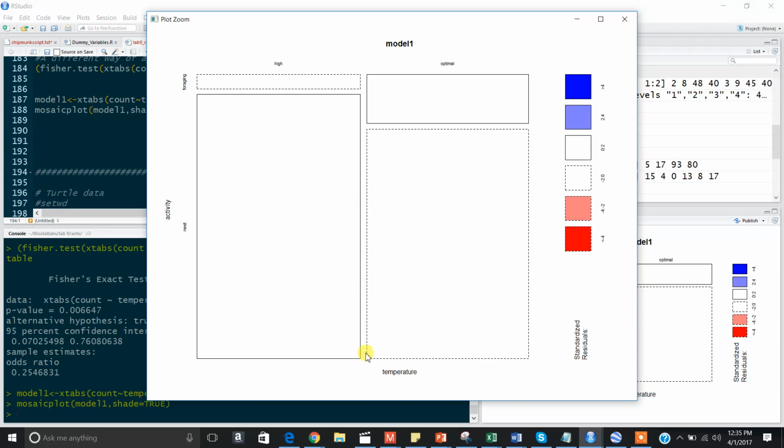And that observed value is less than what is expected, and that's because it's in this area here. Under high temperatures, again, these ants are more likely to nest than forage because of the size difference in the boxes. And the actual value of that observed value is greater than what is expected, and that's because the box falls in this area here.